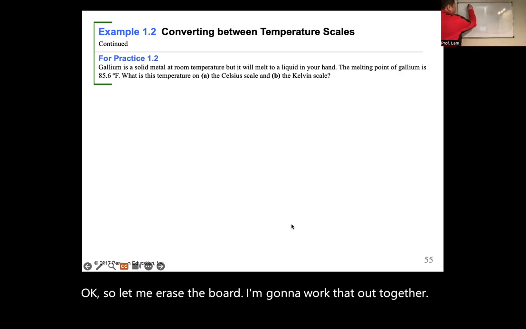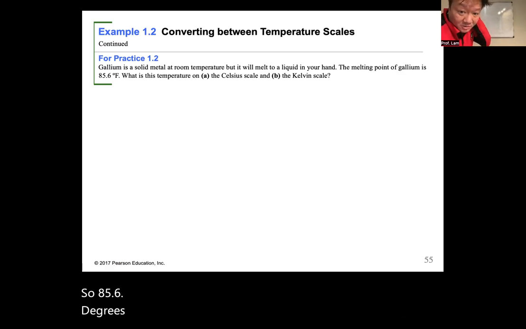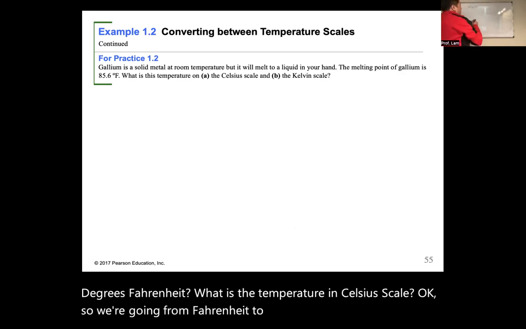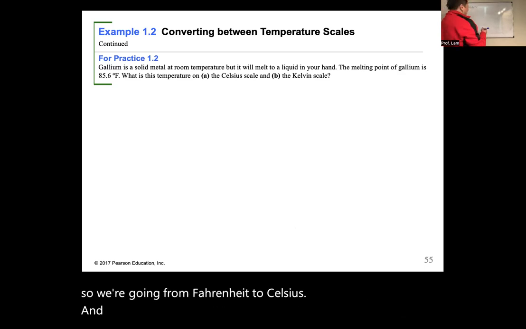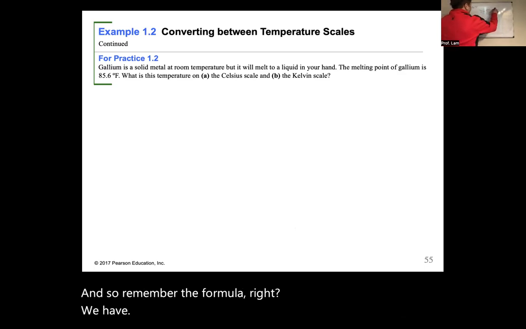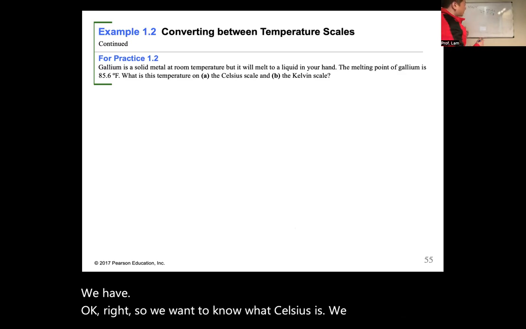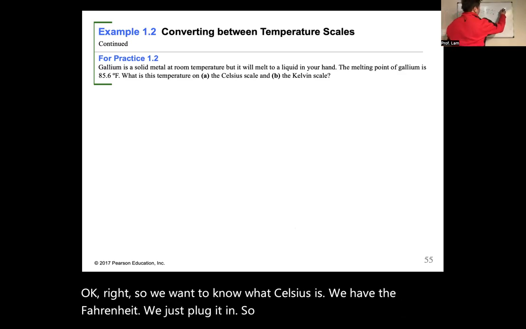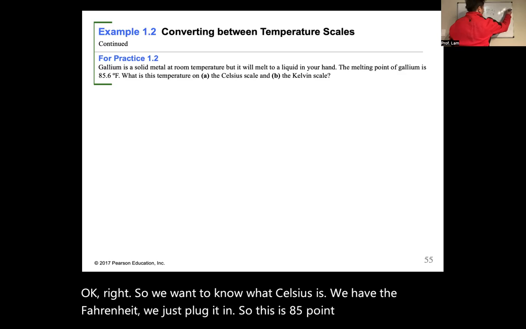So 85.6 degrees Fahrenheit. What is the temperature on the Celsius scale? Okay, so we're going from Fahrenheit to Celsius. So remember the formula, right? We want to know what Celsius is. We have the Fahrenheit, we just plug it in. So this is 85.6 minus 32, over 1.8.